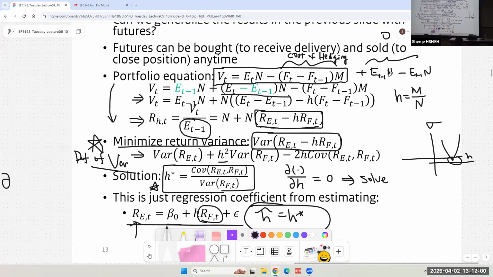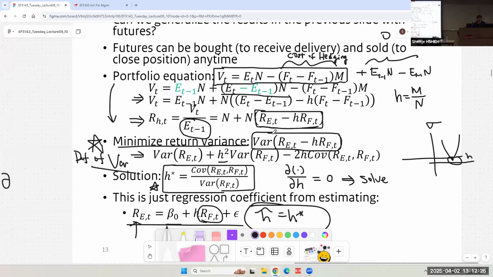That is done by dividing everything by E_{T-1} times N, such that my return on my hedged portfolio is simply the underlying asset return minus h times the pseudo forward return, with other constants which become irrelevant because my objective is to minimize return variance.